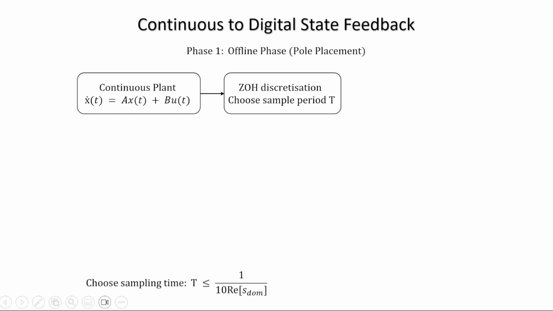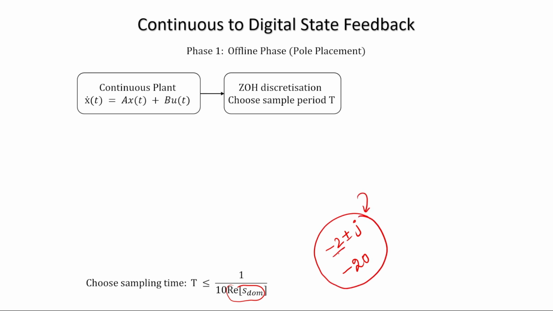So the closed loop system that you had designed, you had dominant poles there. Check the dominant pole of that system, and the time period should be less than or equal to 1/10th of the real part of the dominant pole. For example, suppose you have designed a system where the closed loop poles in the continuous domain you had placed at this point.